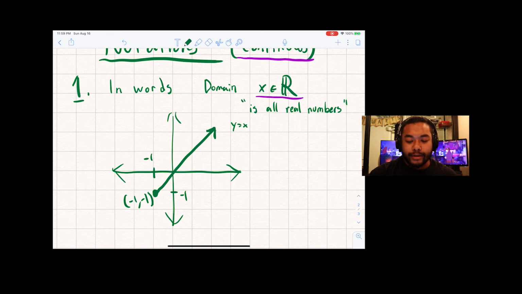Then I would say for the domain, it is all real numbers, and x is greater than or equal to, what do we think? Greater than or equal to -1.